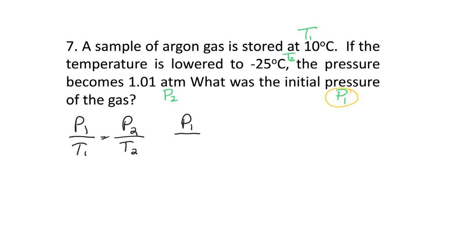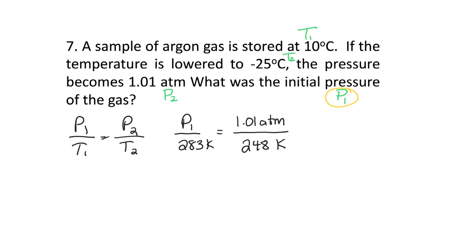T1, remember, once again, we need Kelvin. So 10 plus 273 is 283 Kelvin. P2 is 1.01 atm. And our T2 is negative 25. So 273 minus 25 is 248 Kelvin.